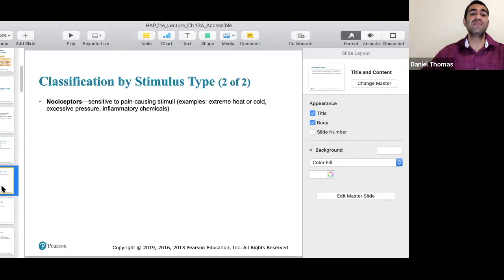Phasic, I believe, means the response to the stimulus can change, where you get used to it. Tonic, on the other hand, means there's no getting used to it. Nociceptors are tonic, meaning that there's no getting used to them. You don't get used to pain.